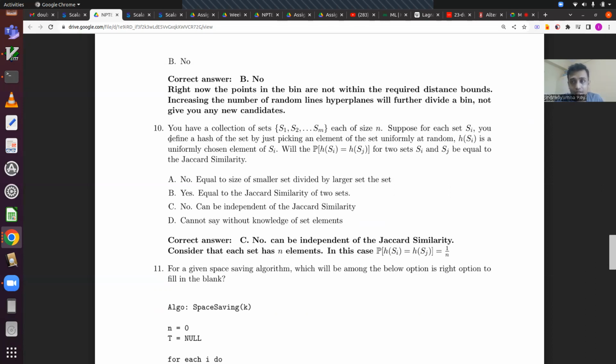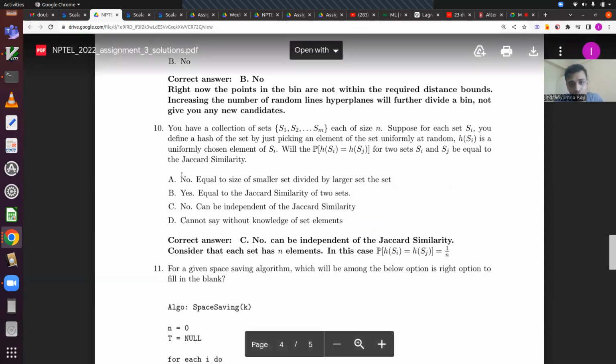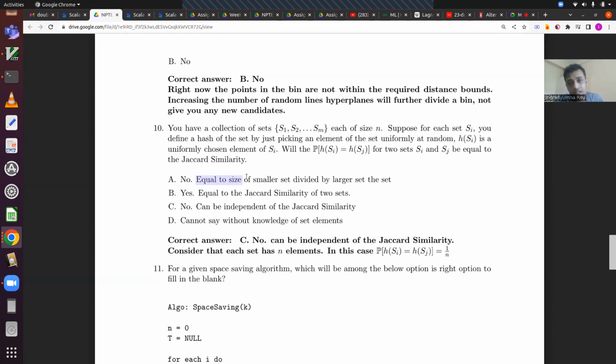Here the sets were completely overlapping, but the probability of a match under random shuffling is still 1 by n. Option A is also no, but it specifically gives a formula, the size of the smaller set by the larger set. We have a counterexample here, so C is correct.